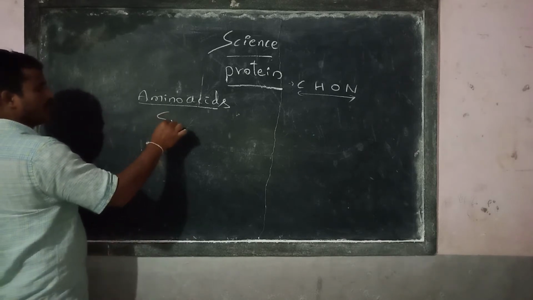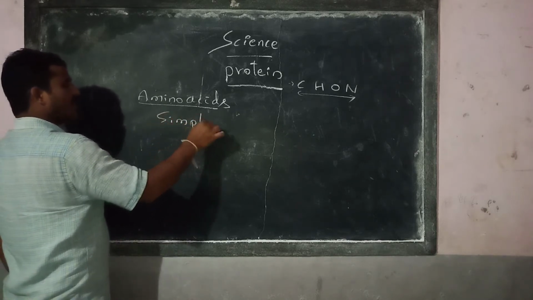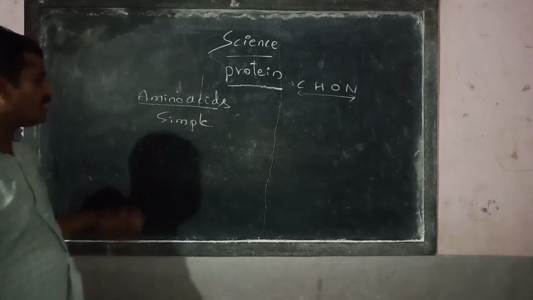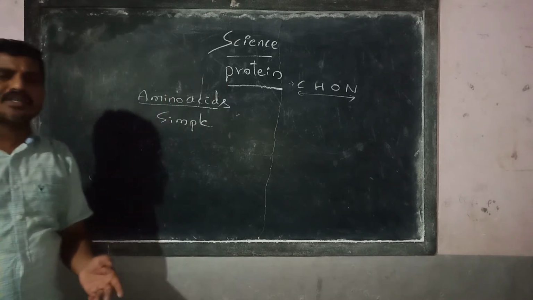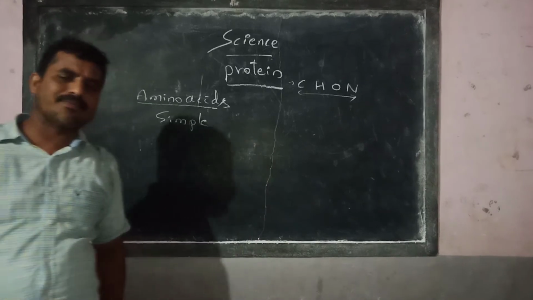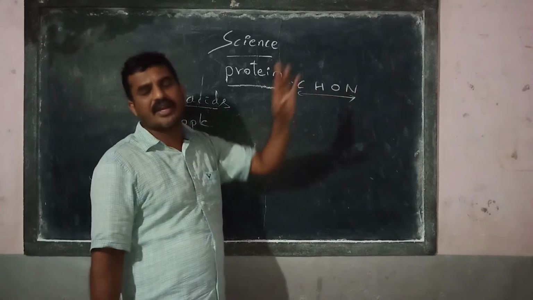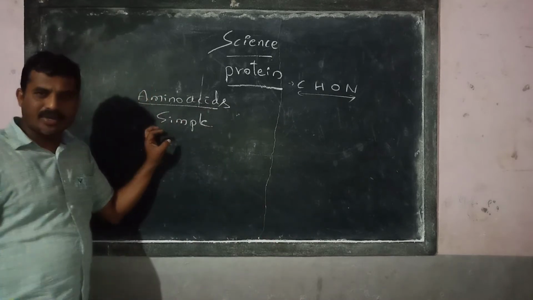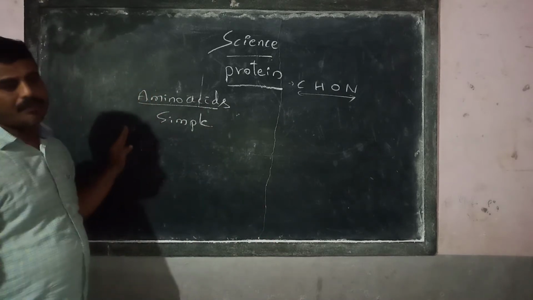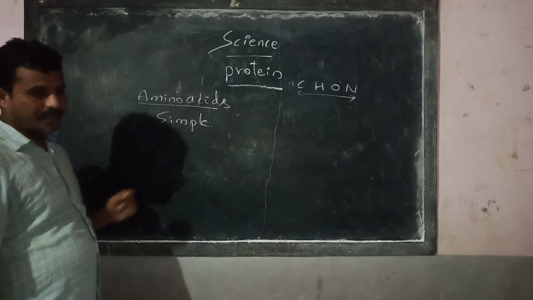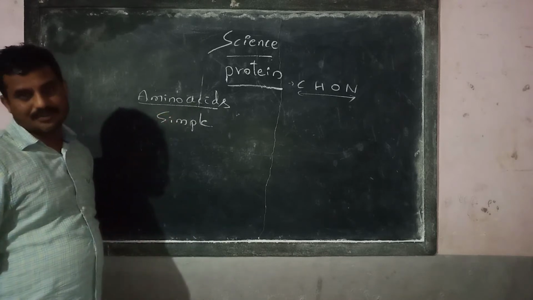You can understand now what simple means. Simple proteins mean a single molecule is there, made of carbon, hydrogen, oxygen and nitrogen. Amino acids: an amine plus a carboxylic acid together is an amino acid.